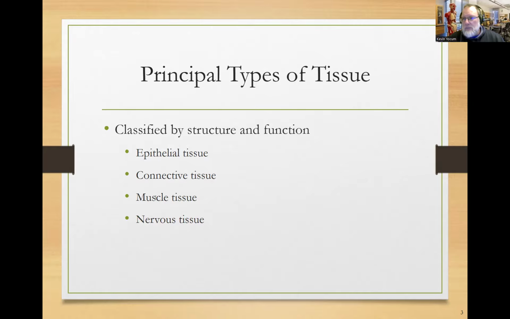And then, of course, skeletal muscle has to do with providing movement of the body, and then cardiac dealing, of course, with the heart. Now, lastly, we see what's called nervous tissue. And that, of course, is going to deal with the brain and spinal cord and the nerves or the nervous system. So, all four of these tissue types are distinct in what types of cells make up these tissues.